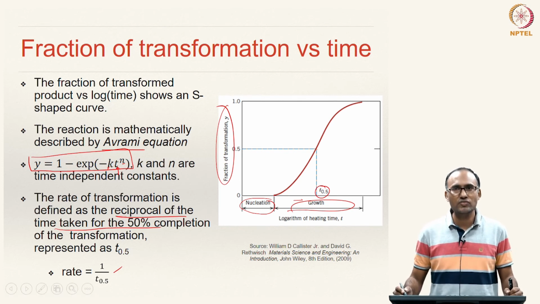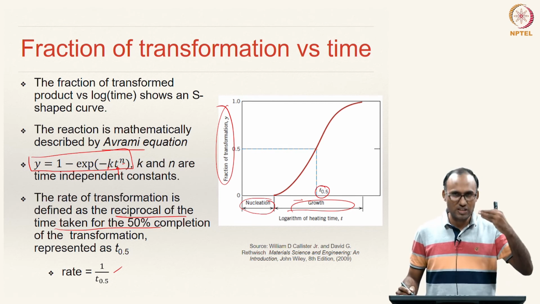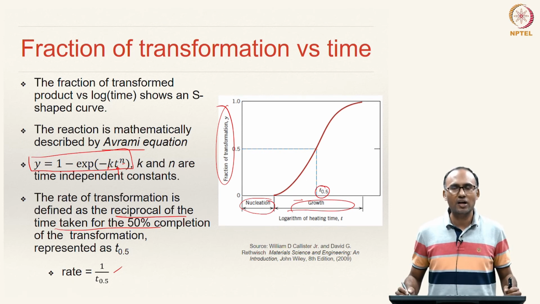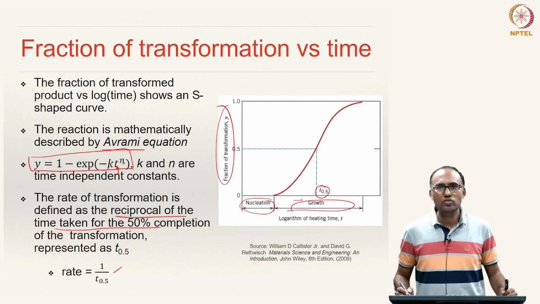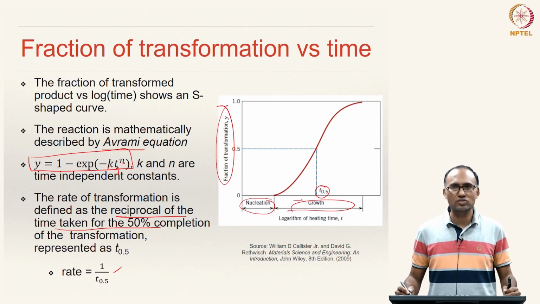Both R star and activation free energy change as a function of temperature, and we discussed that at low temperatures the activation free energy is low, and hence nucleation occurs readily at low temperatures compared to high temperatures. And then we have discussed the difference between heterogeneous nucleation and homogeneous nucleation, and we have looked at the fact that heterogeneous nucleation has lower activation energy compared to homogeneous nucleation.